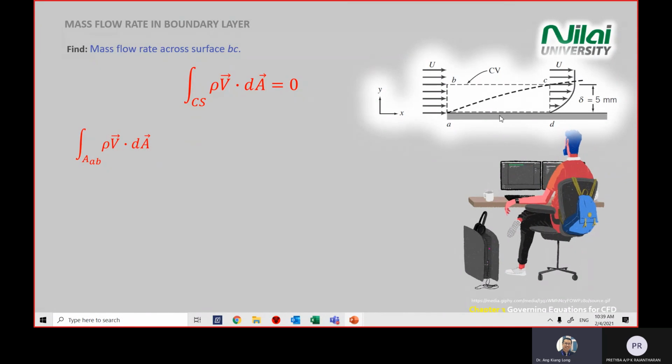Yeah, there's no mass across this one. There's a plate at the bottom. So when you calculate the mass flow, you focus on AB, and then BC, CD, and so on. Again, we know that there's no flow at the bottom, so we can straight away cancel the last one.